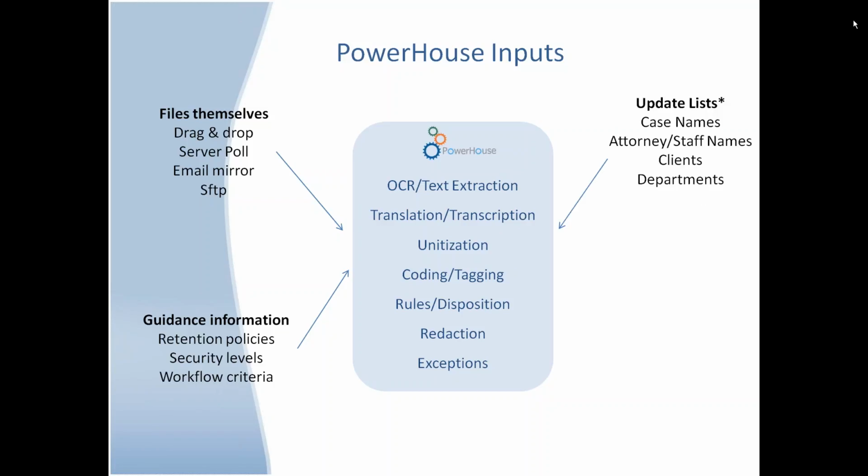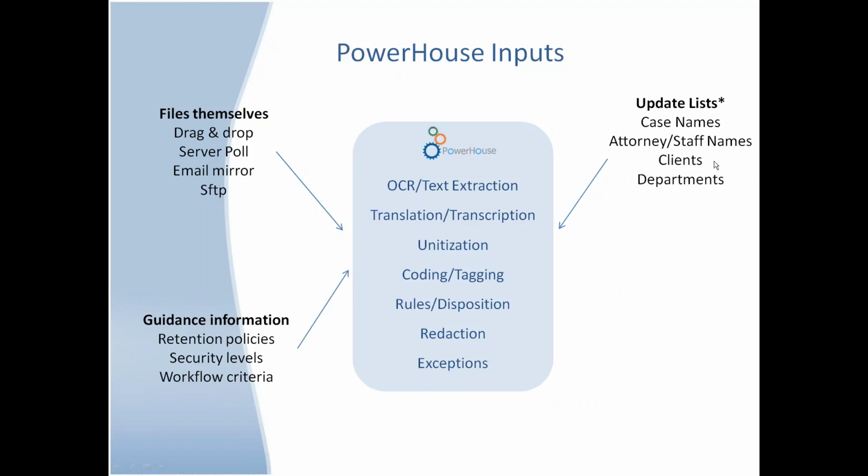So these are lists of already established information that Powerhouse can use as a kind of input mechanism, like here's a list of all our clients, or here's a list of all our staff. Those are very helpful for Powerhouse in determining, oh, there's Joe Smith who works here, and there's Joe Smith who's a client. Who's who? That can be really useful input values.